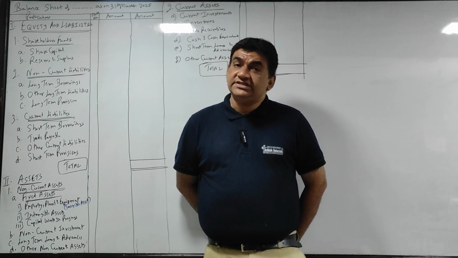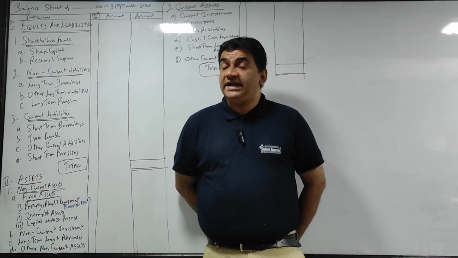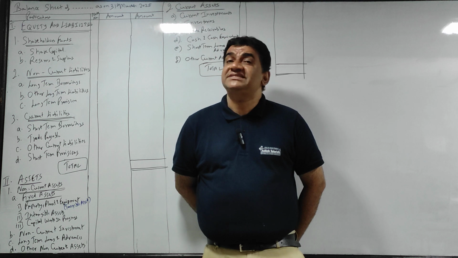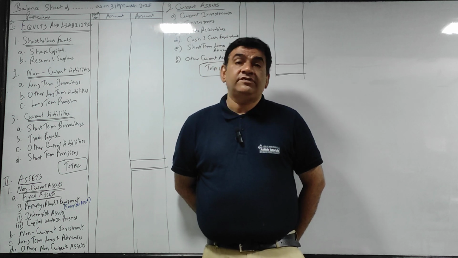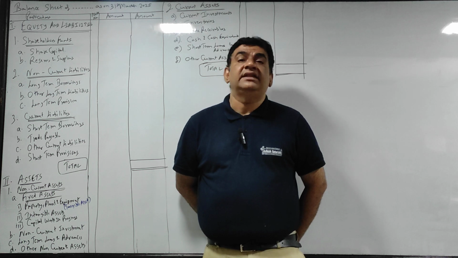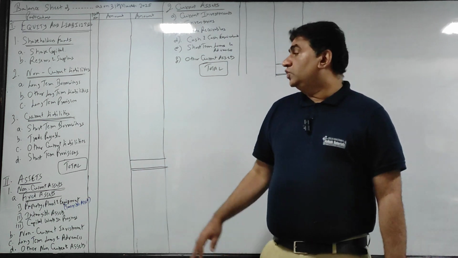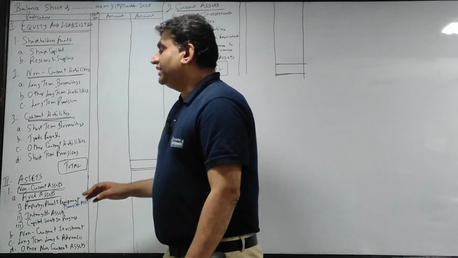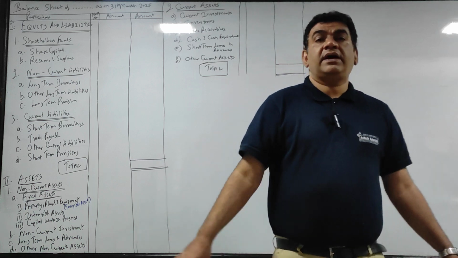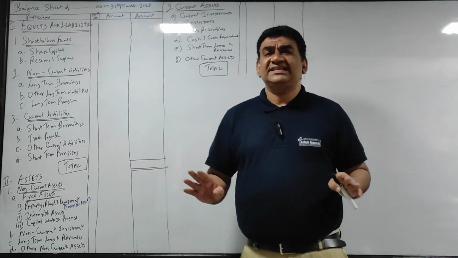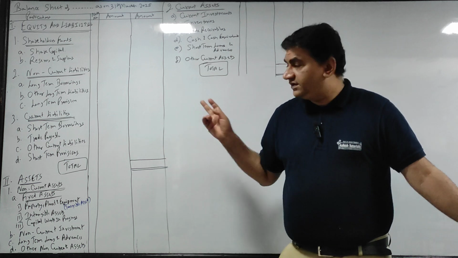Sundry creditors, the people from whom we purchased goods and have to pay, are a part of trade payable because it is a genuine core business liability connected with your day-to-day affairs. And if you accept a bill, bills payable, that will come here. So trade payables will include creditors and bills payable. Now there are certain expenses which can also be a part of trade payable. Again, it is not in your syllabus in depth, so I am not getting into that.